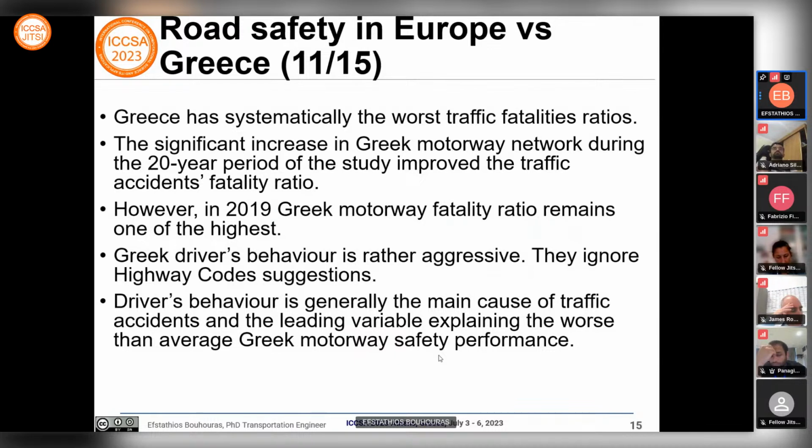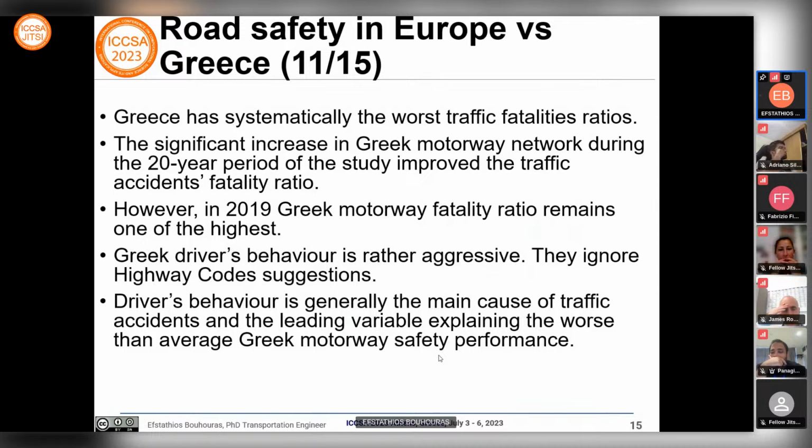And at least for many transportation engineers in Greece, this is due to the drivers' behavior, the Greek drivers' behavior. We can find through statistics and research that we Greek drivers are rather aggressive. We tend to ignore highway code suggestions.